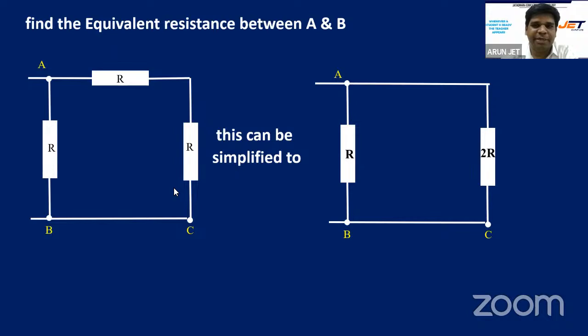Okay, yes, all right. Now look at this network, students. I can further analyze this as this R and 2R are in parallel. On the left-hand side, between A and C, I had R and R. Those R and R were in series. Now that R and R became 2R between A and C. So between A and B, I have R. Between A and C, I've got 2R.